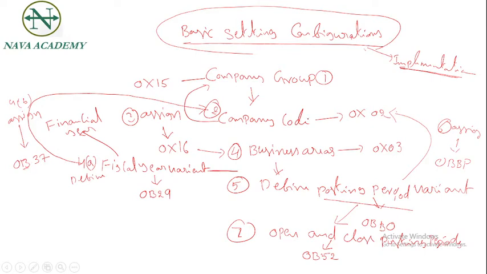Here all configurations we have linked to the company code. The company group is linked to the company code. The posting period we are linking to the company code. And the fiscal year we have linked to the company code. Okay.